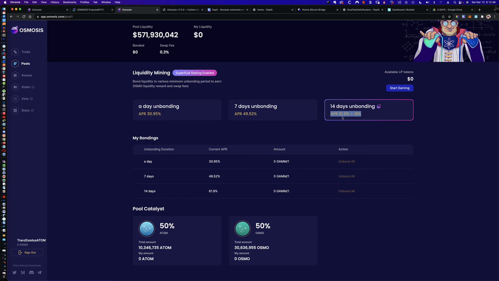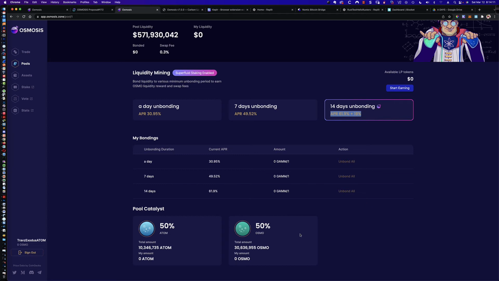So you're earning the 80% APR on the liquidity provider tokens, but then with superfluid staking, you're able to earn that 80% on half of this Osmo that makes up this LP pairing down here. And so in our example, we said it would be 50 Osmo. So yes, the percentage is coming down.